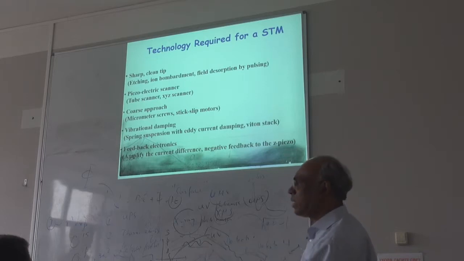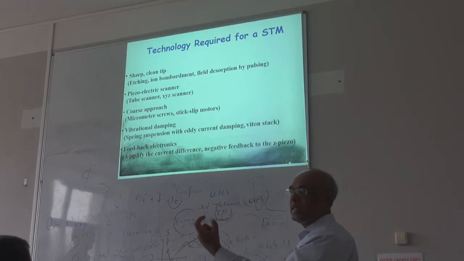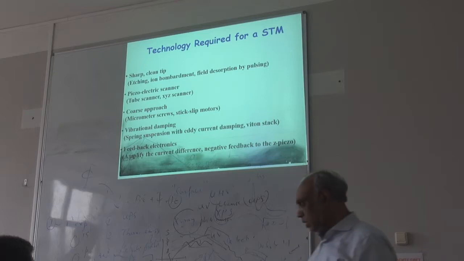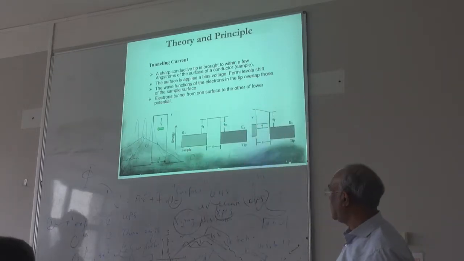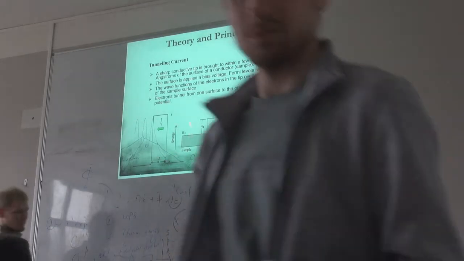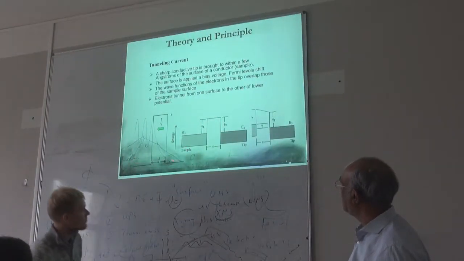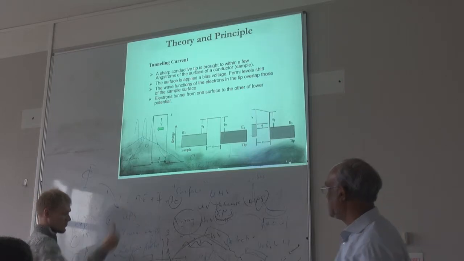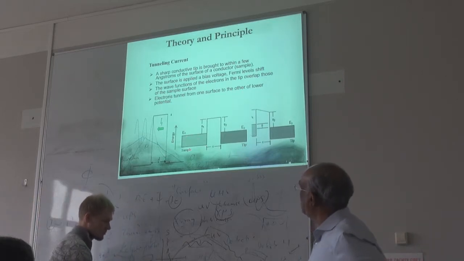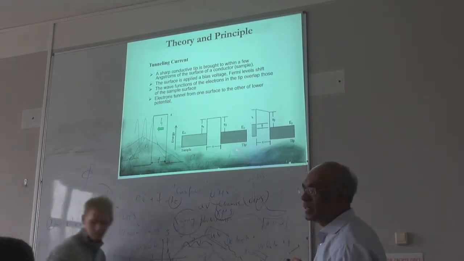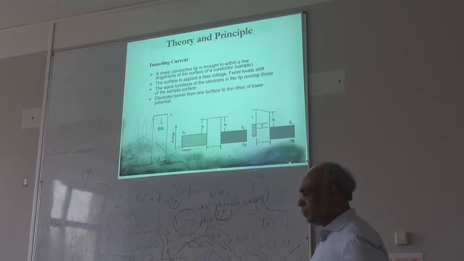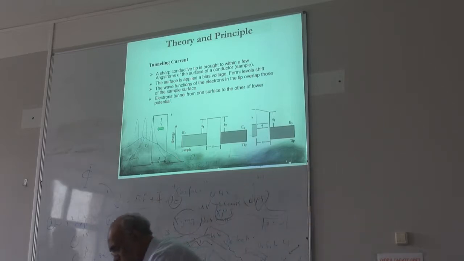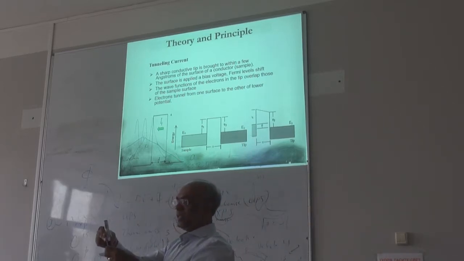This all happens because of quantum tunneling, right? People are familiar with the quantum tunneling effect. If you have two metals, this is your sample, then you have the tip coming here.